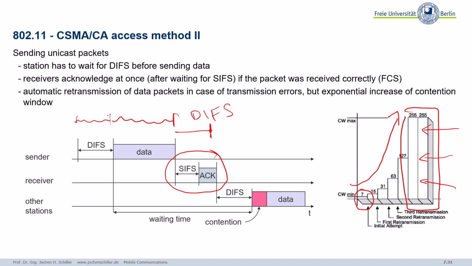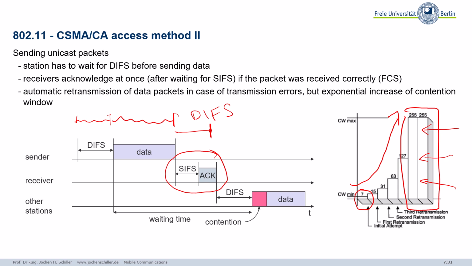That means a station that wants to send a packet for the first time. Then this station competes with other stations that already tried several retransmissions. So for these older stations that already wait for some time and experience retransmission, so they had to pick a random number out of a large window, well, they have a problem compared to this new station.